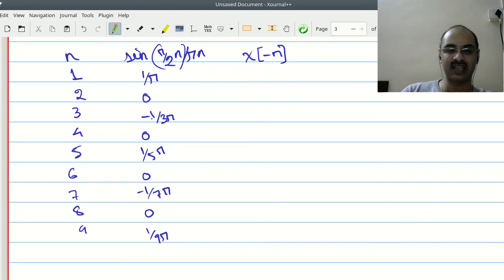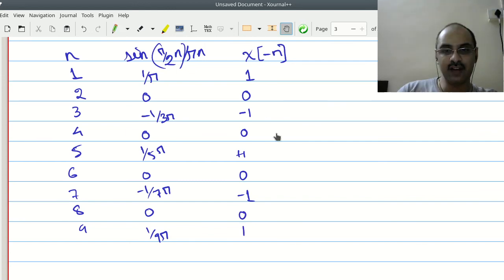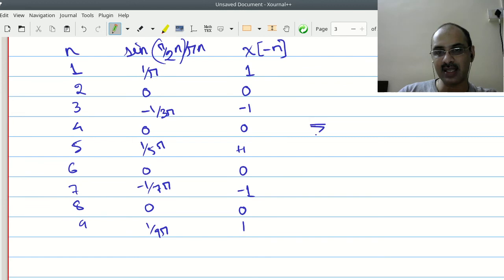Okay. So if I want to construct an input that when you convolve and multiply, you get something which adds up, I will choose this value to be plus 1. This value I can choose 0. This value is minus 1, so that minus into minus is plus. This value is 0. This value is plus 1. This value is 0. This value is minus 1, 0, 1, and so on. Because then, during the convolution, I get the sum of h of k x of n minus k.